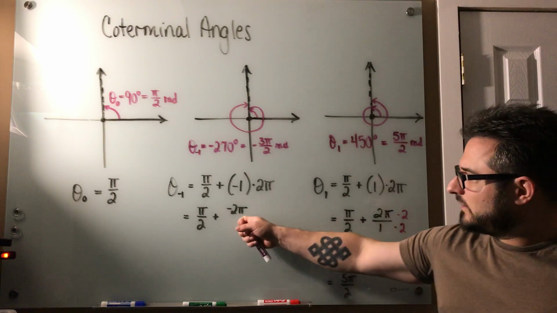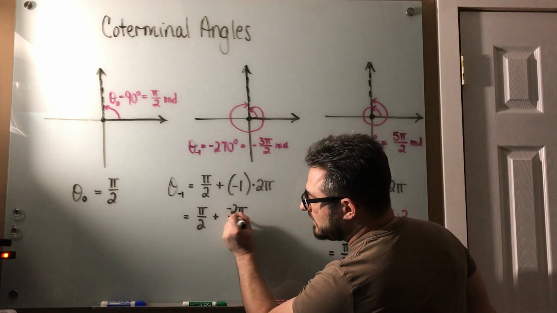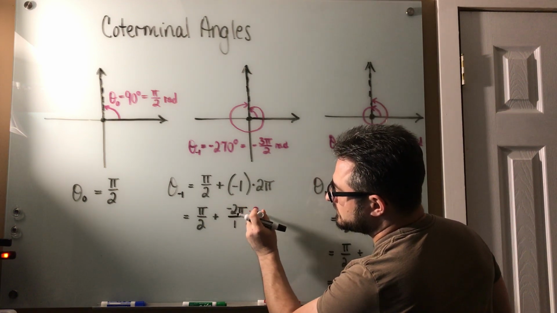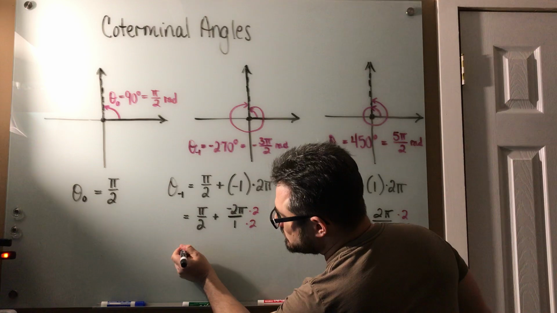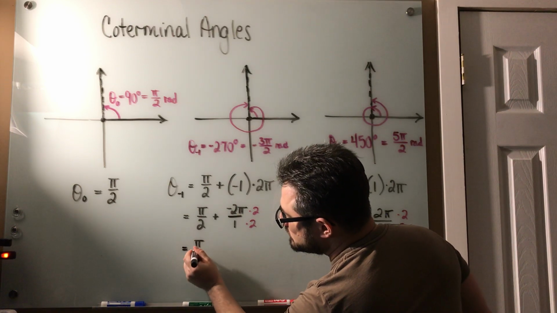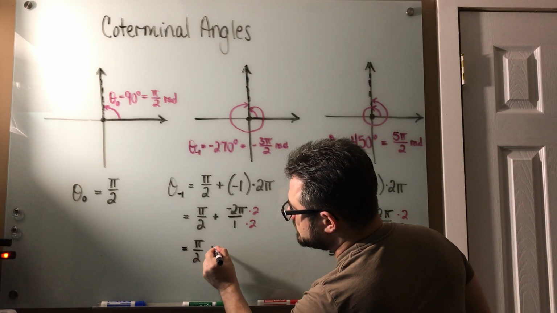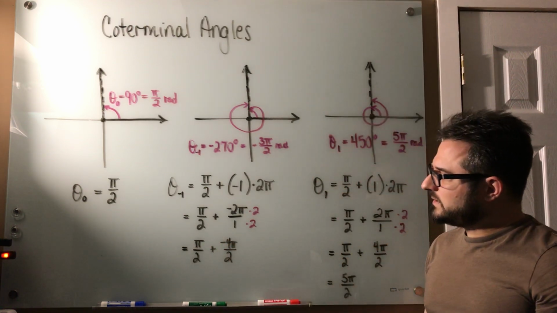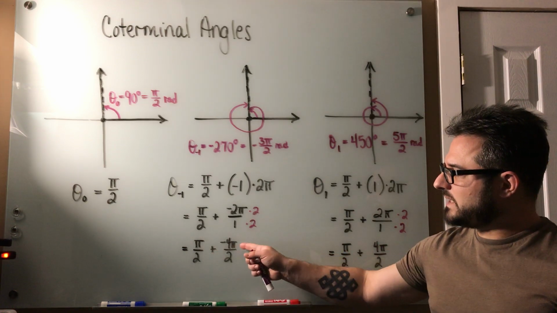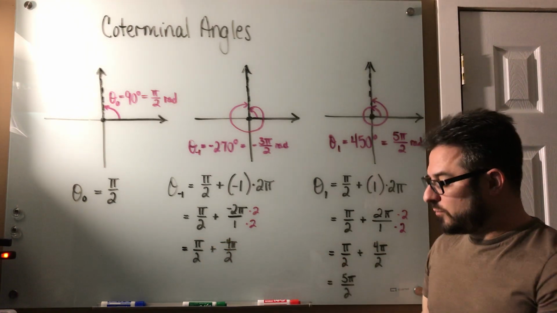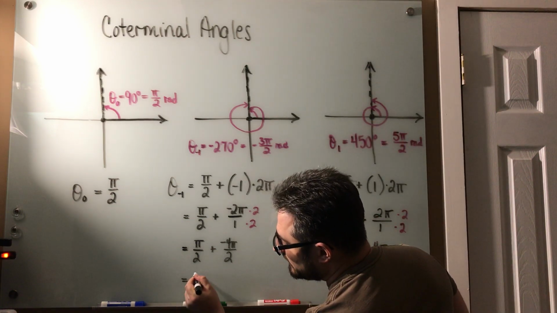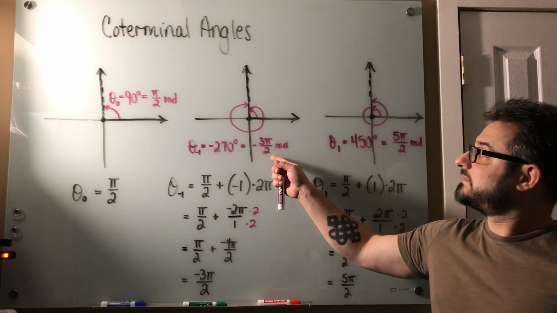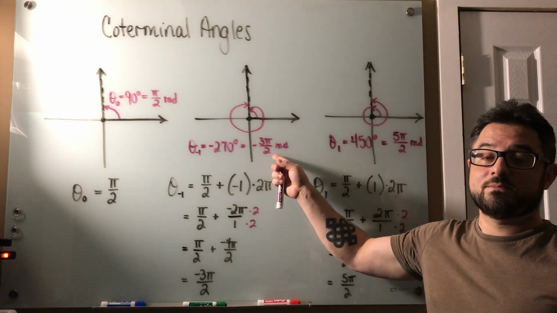And just like over here, in order to add those, we're going to need a common denominator. And what we have now is 1 pi plus -4 pi, or 1 plus -4 is -3 pi over 2, which is what we had by counting subdivisions.